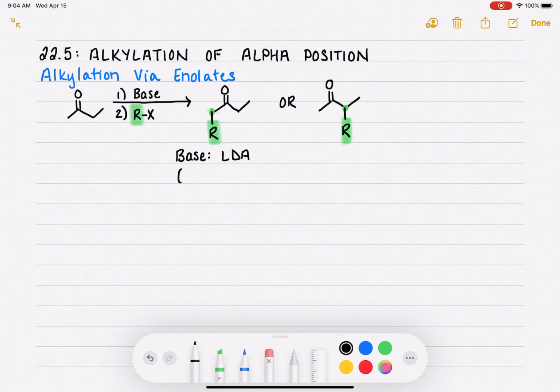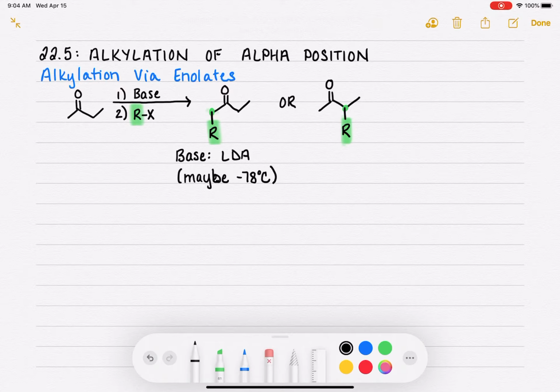This is a very cold reaction. So sometimes you'll see the condition -78 degrees. That's very specific. Sapling does not include that temperature condition on the reactions. So sometimes you'll see it, sometimes you won't see it, but the LDA part is a dead giveaway that's what's going on there.